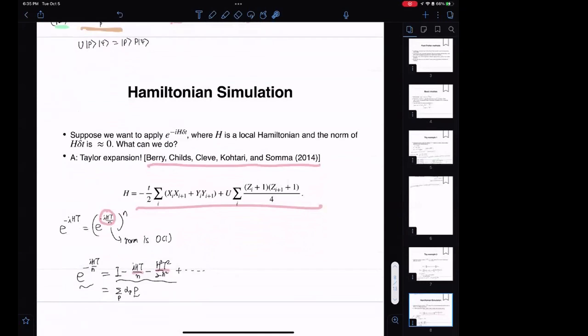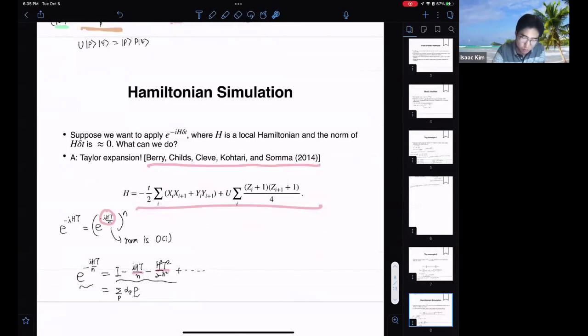So this U that shows up in the above is not e to the minus iHt. This U is not e to the minus iH delta t. It's a different thing. So far we didn't lose any generality, any operator can be written in this form.